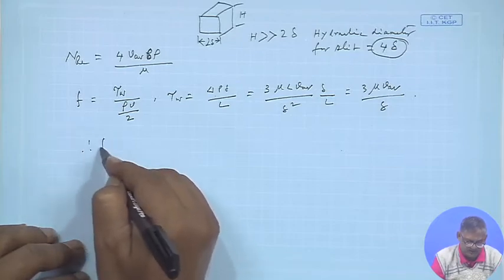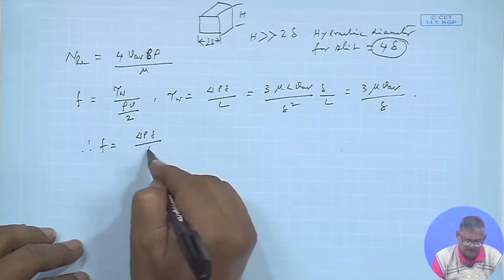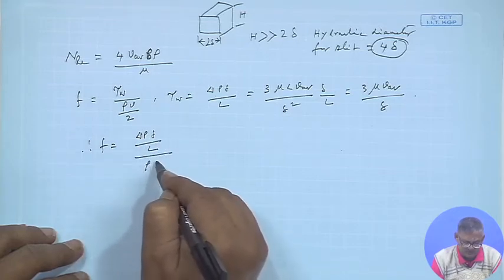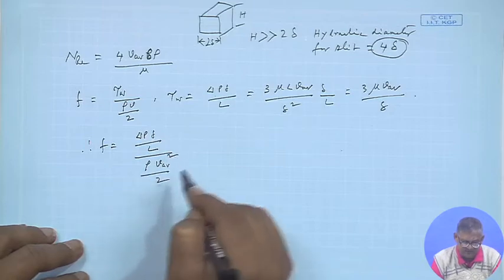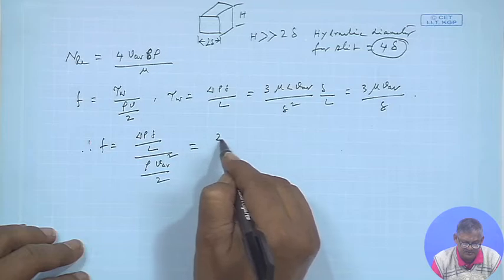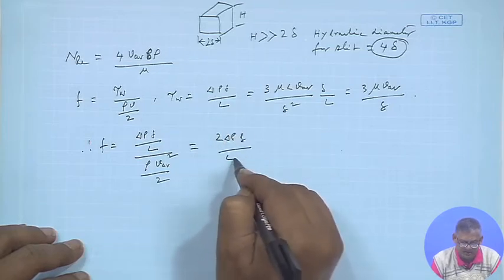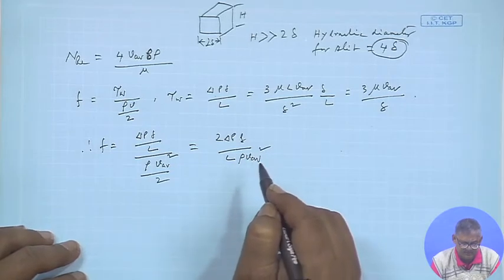Therefore, F we can write as delta P del over L over rho V average square by 2. So this is 2 delta P del by L rho V average square.